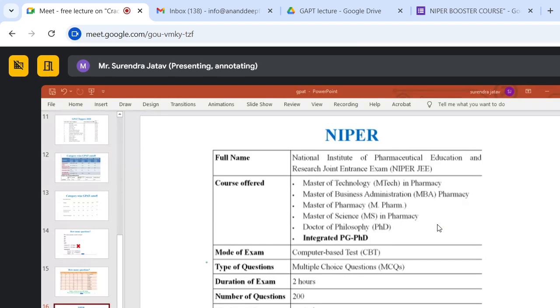So speed is important for NIPER and accuracy is important for GPAT. Different exams need different parameters in preparation. But the key thing is that without GPAT, you cannot even fill the NIPER form. So first qualify GPAT, and then you can fill the NIPER form.